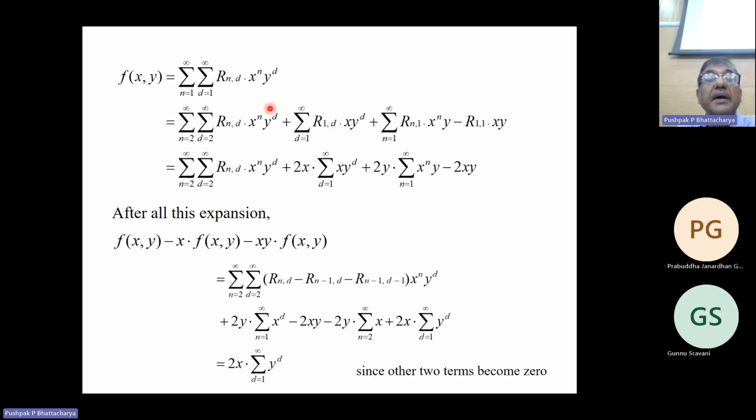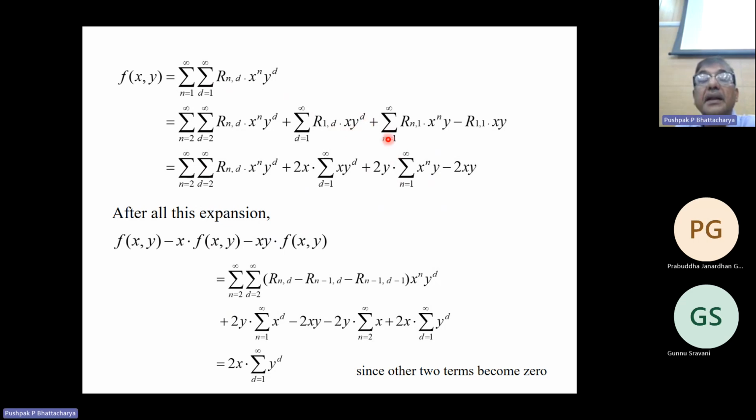Then f(x,y) is again this expression, which can be written as the sum over n equal to 2 to infinity, d equal to 2 to infinity, R(n, d) x^n y^d, plus the sum over d equal to 1 to infinity, R(1, d) x y^d.